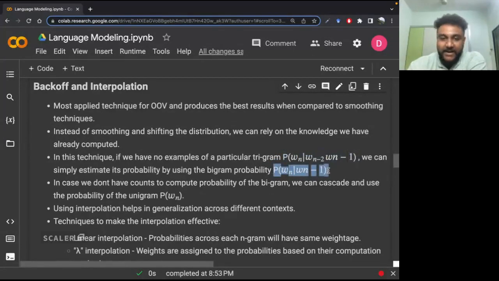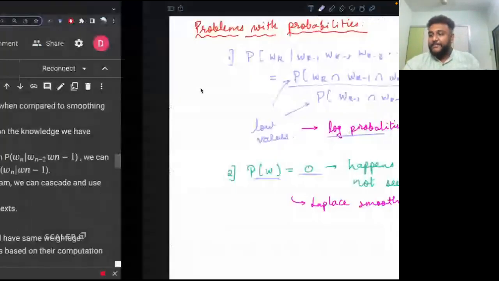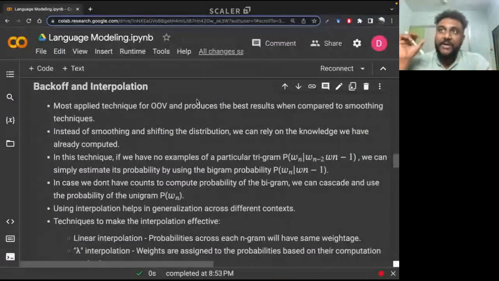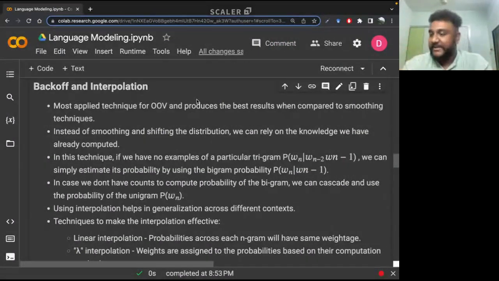If I'm making my trigram table and I'm not able to see that pair occurring anywhere, I will simply take the bigram version of it and use it in its place, and that will give me the probability that I should use while doing my predictions. So this is what we call back-off and interpolation.